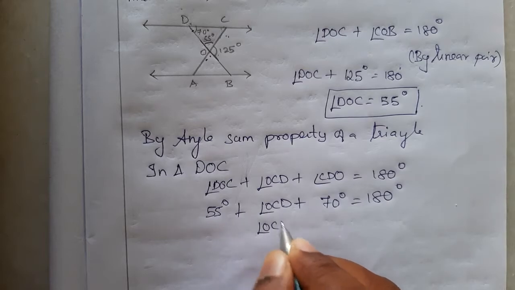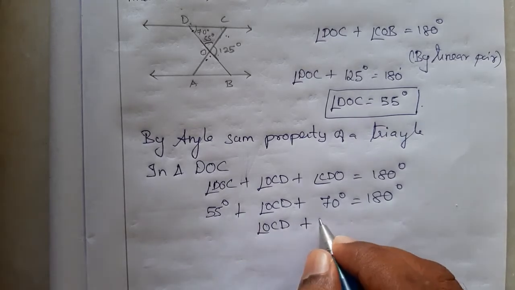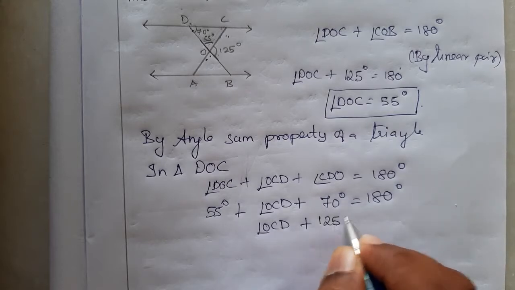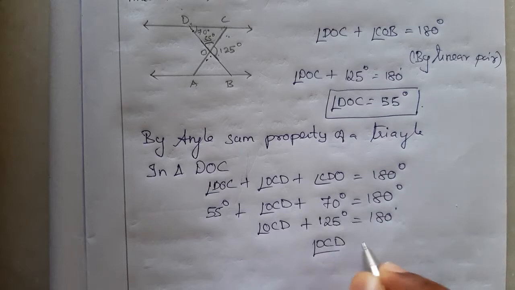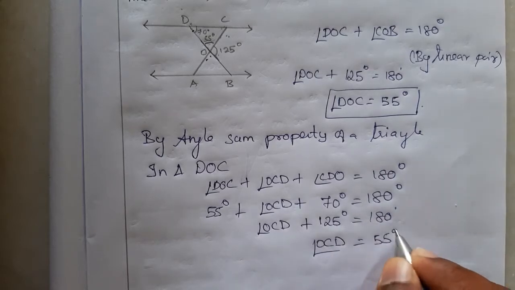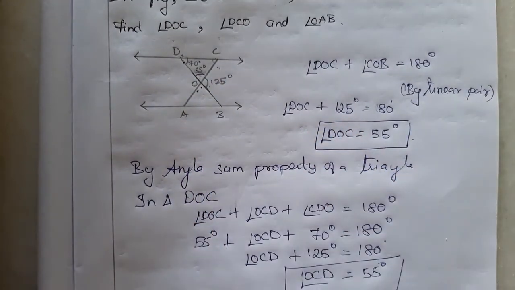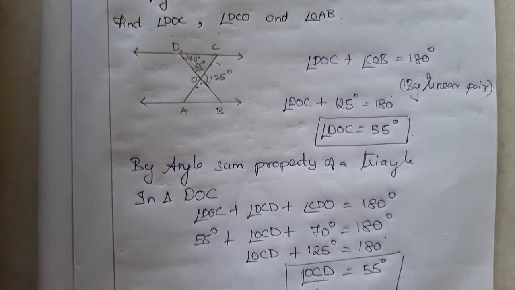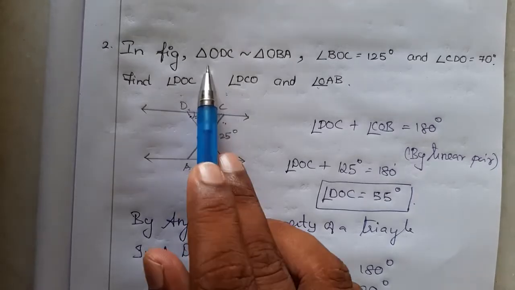So angle OCD plus 70 plus 55, which is 125, is equal to 180 degrees, and so angle OCD is equal to 55 degrees, right? OCD or DCO, both represent the angle at C. Both are the same.